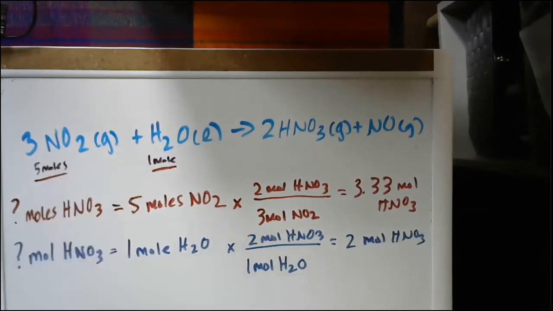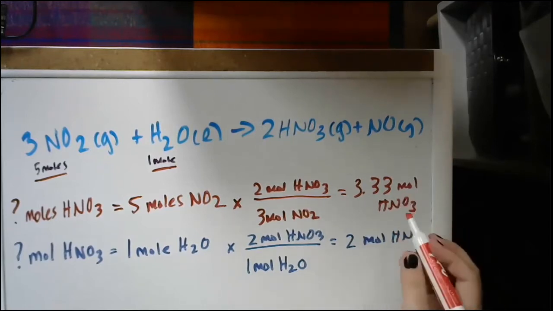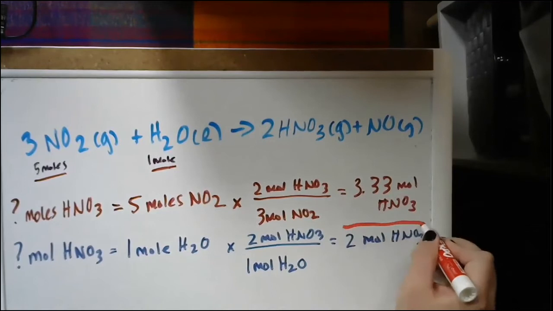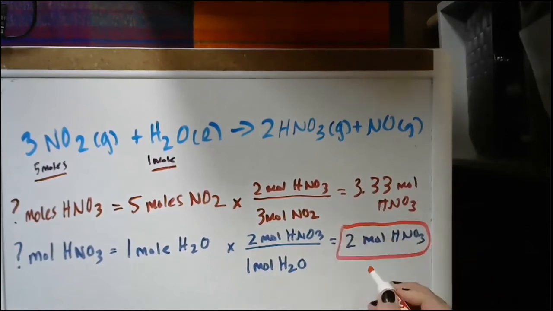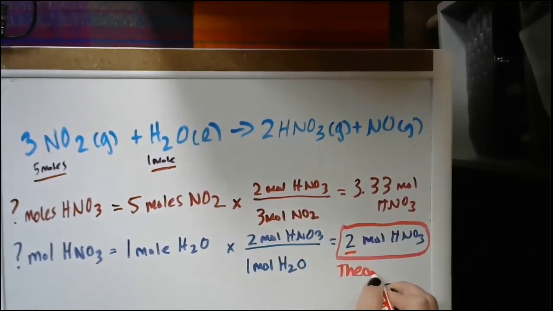I know what my theoretical yield is, and I know what my limiting reactant is. Okay, you're going to look at these 2 values up here, okay? You're going to circle the smaller one. That smaller value here, this number, that's your theoretical yield.